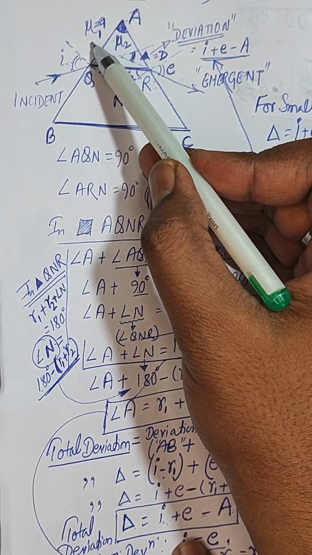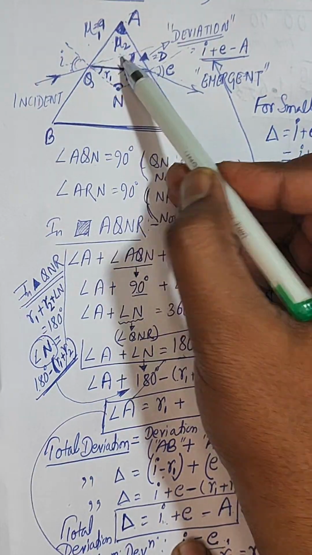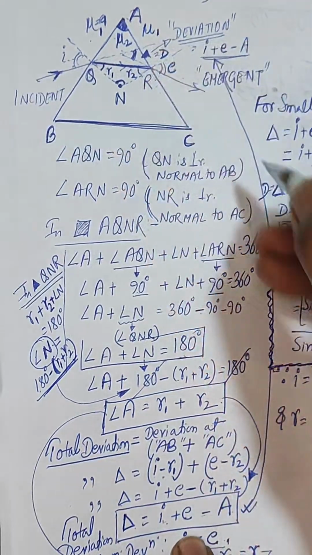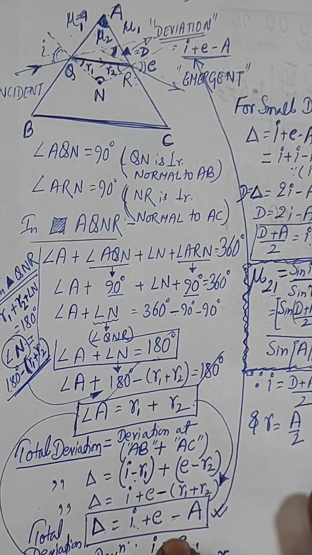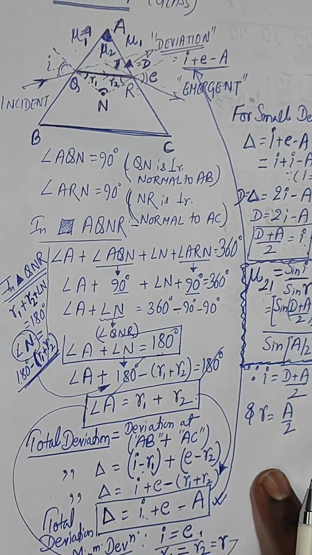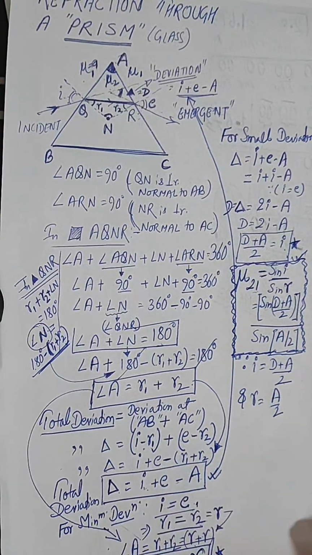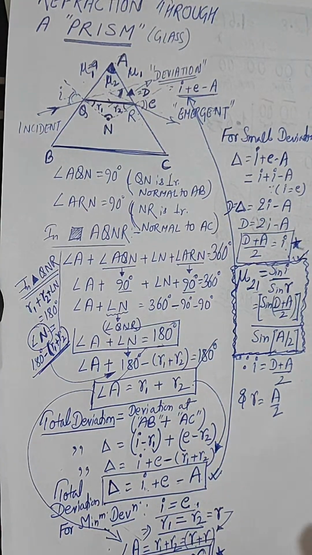Mu1 is the refractive index of air, mu2 is the refractive index of glass. Again here it's mu1 because again it's coming into the air, right? And in this condition, let me show you, this will be the entire formula which we have derived, right?